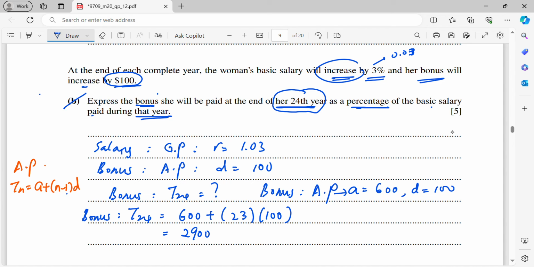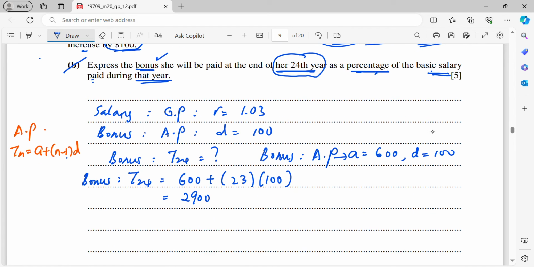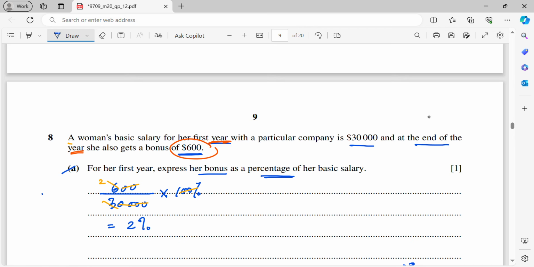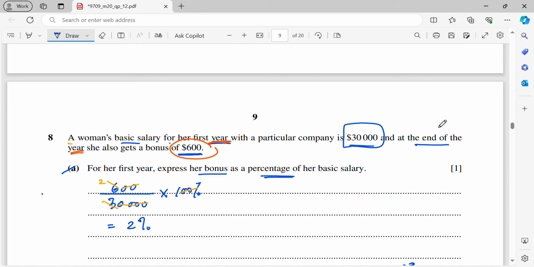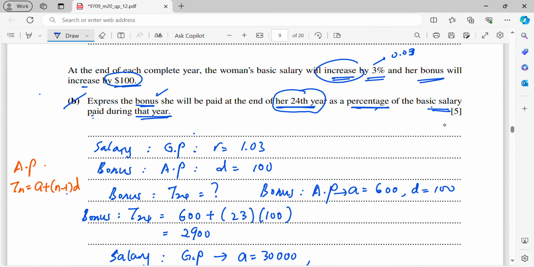Okay, now first part done. You need to find out the percentage. Percentage means you have to divide by the basic salary paid during that year. So basic salary is a geometric progression. Now first year it will be 30,000, that's the basic salary. So the a is 30,000. Then the r is 1.03.